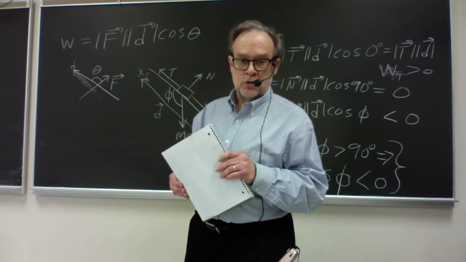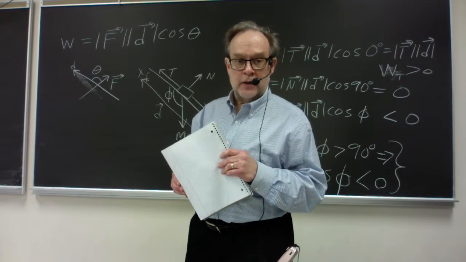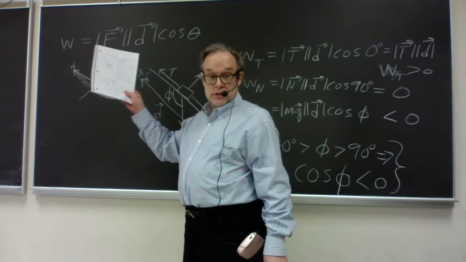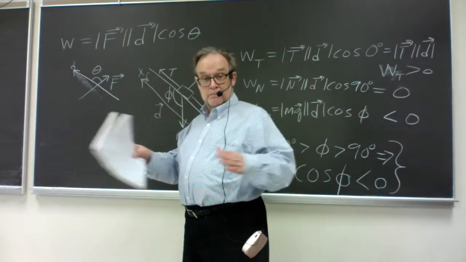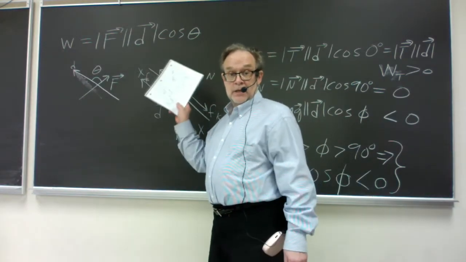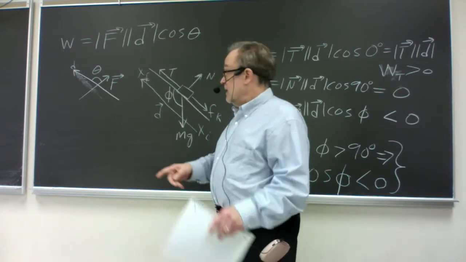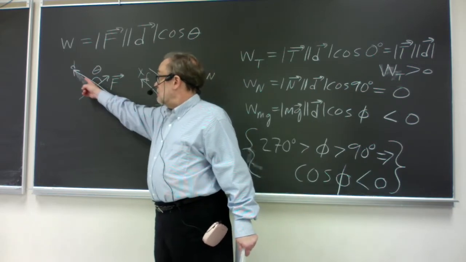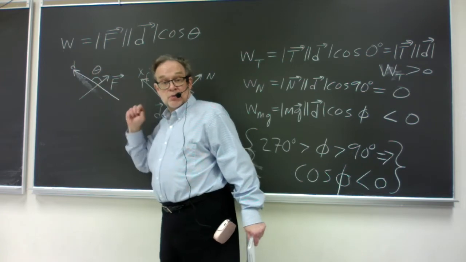And the rule for calculating the numerical value of work in any situation: magnitude of force, magnitude of the displacement while the force is being felt while the object is moving, and then cosine of an angle. That angle is the angle between the displacement direction and the force direction, like I've illustrated here.